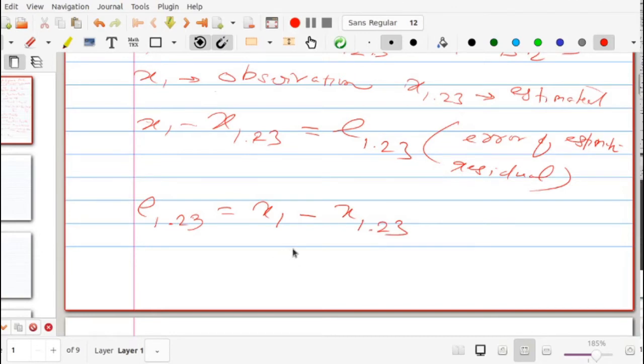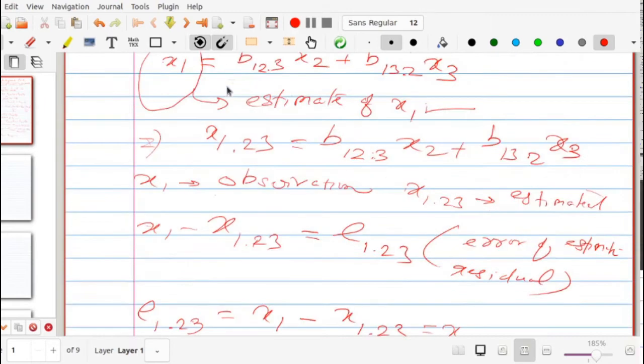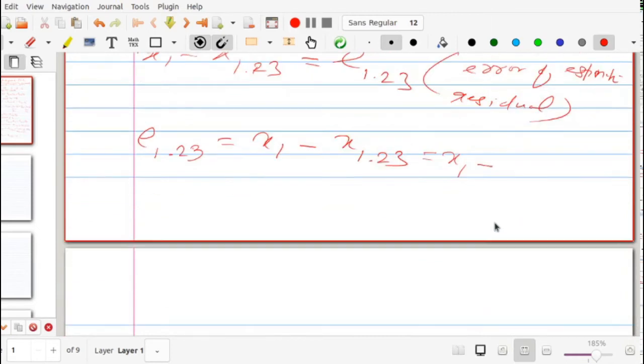Okay. So what is the estimated value of x1 here? The same thing: the regression coefficient b12.3 into x2, another coefficient b13.2 into x3. So we just write it down here, the same stuff. These are repetitions actually.